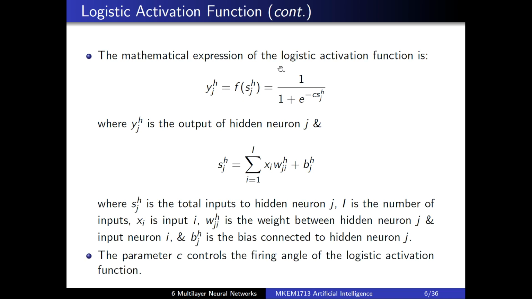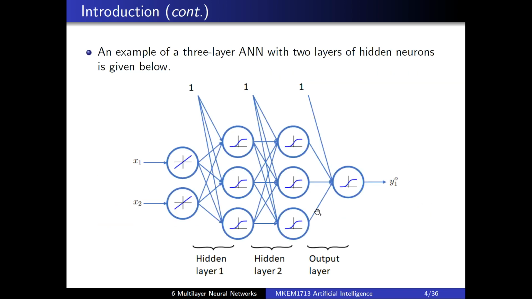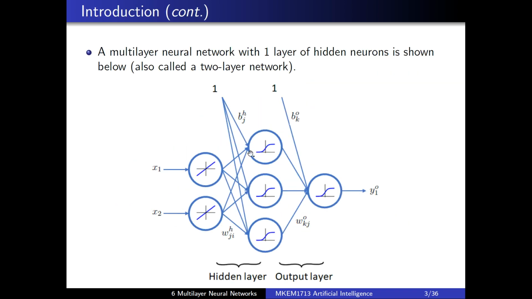And this is a function of SHJ. What is SHJ? It's the total of inputs to hidden neuron J. So this is SH1, SH2, and this is SH3. The summation of signals or values that enter the hidden neurons.